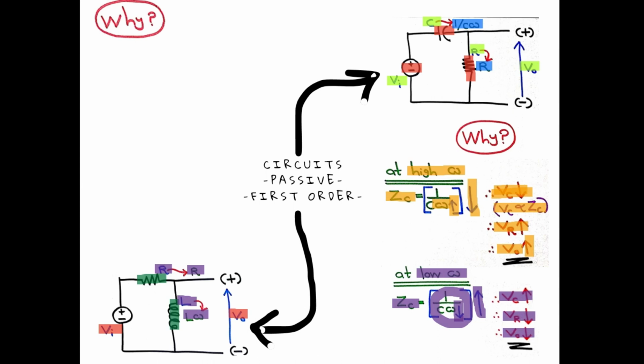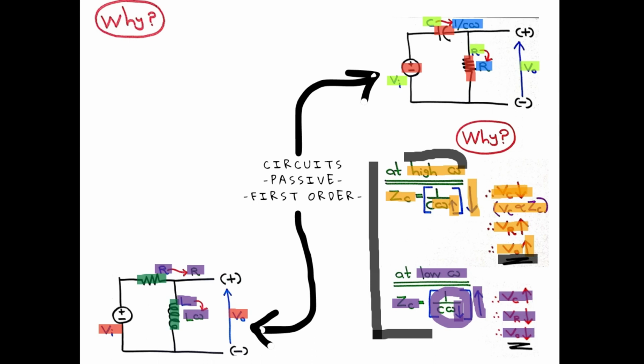So now, when we consider all these details, we can come to the conclusion that when the frequency of the input voltage waveform is high, the output terminal voltage is passed without any attenuation.